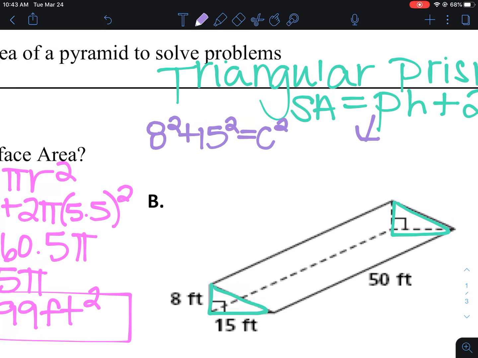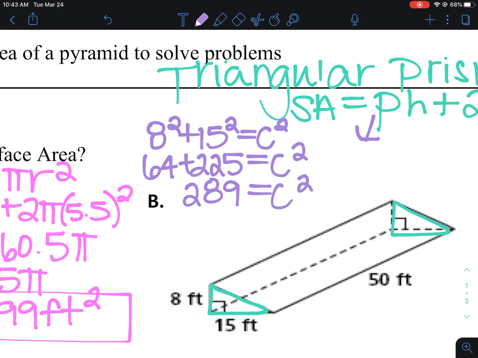And we don't know the hypotenuse, so we just let that be C. So this is 64 plus 225. This is 289 when you take the square root. Okay, so we got that part is 17.